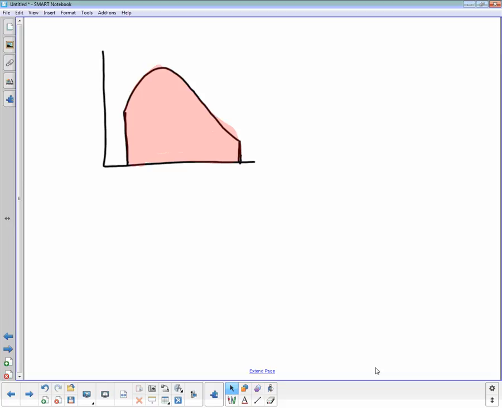My extrema. I don't think that's in that same unit. Hmm.